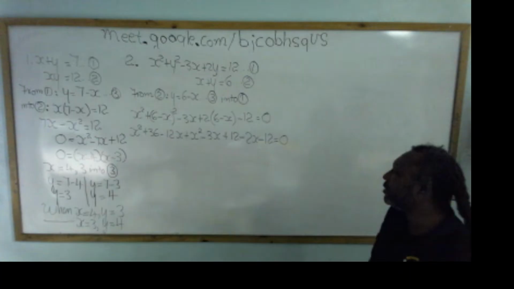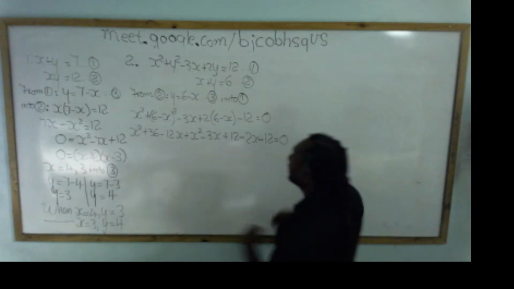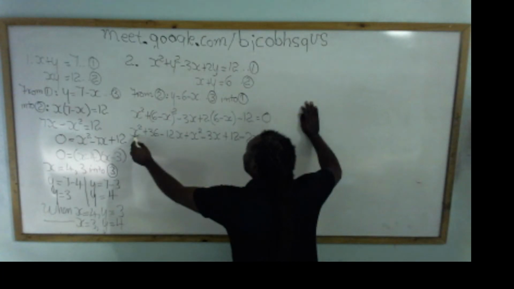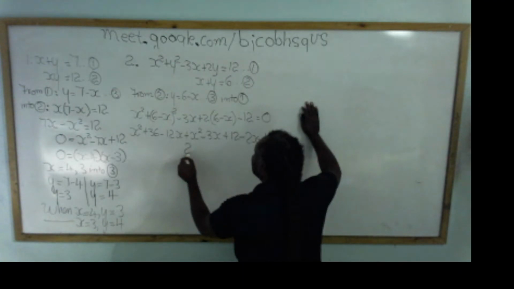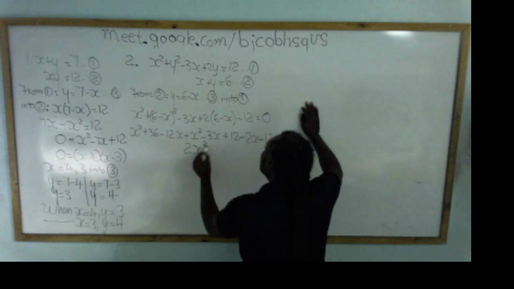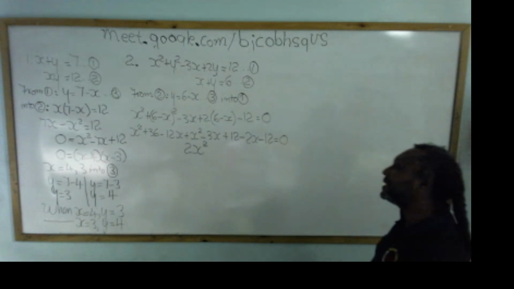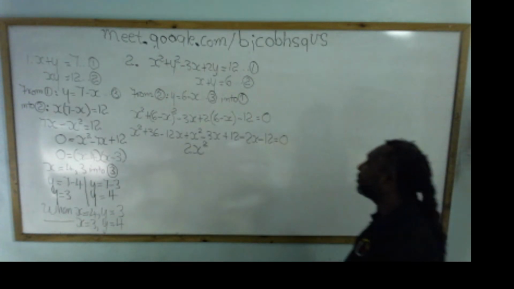We're going to put all the x's together and whatever else to put together, we're going to put those together. So let's go. We have x squared with x squared, so we're going to have 2x squared. What about the x's?